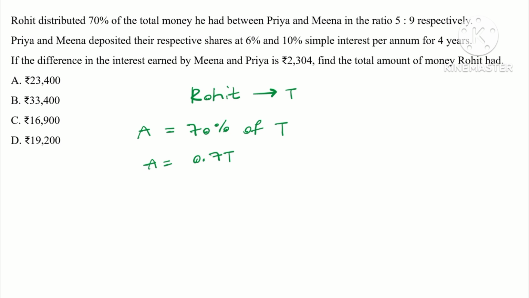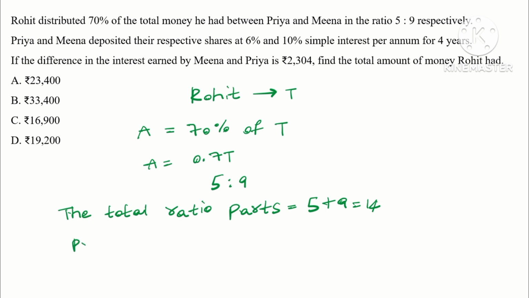This amount is distributed among Priya and Meena in 5:9 ratio. So the total ratio parts will be 5 plus 9 equals to 14.